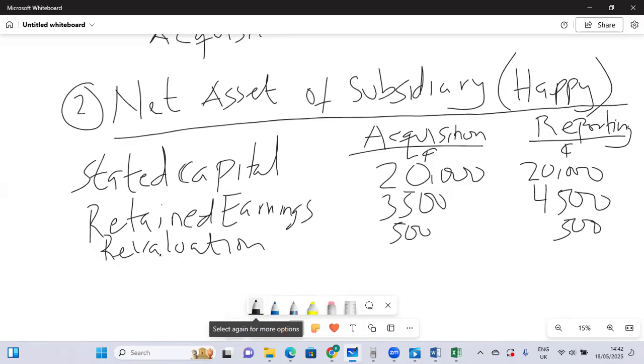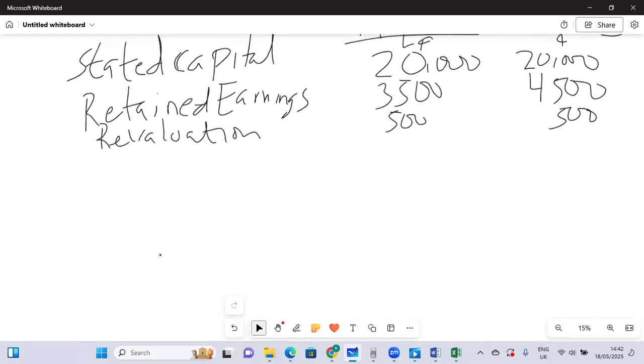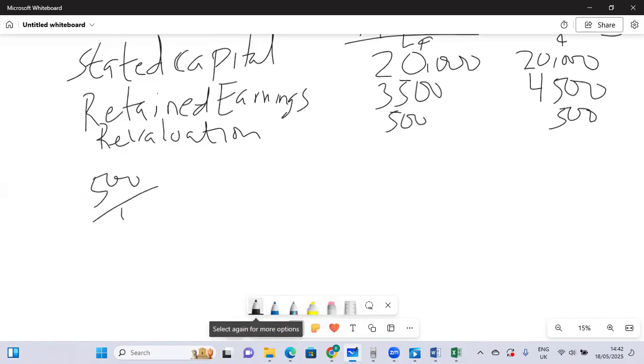Now, if this revaluation was to be on, let's say, PPE, and we have this 500, they would tell us that maybe the PPE has an estimated useful life of, let's say, 5 years. So we would now have to find depreciation on it again. So it would be something like this: 500 divided by 5, because it has a 5 years useful life.